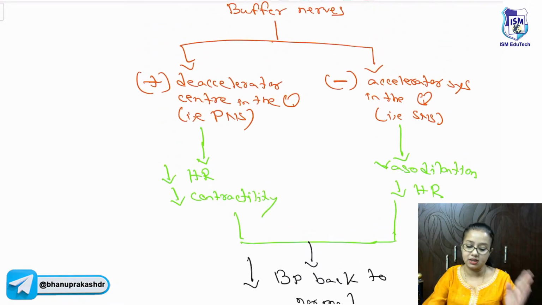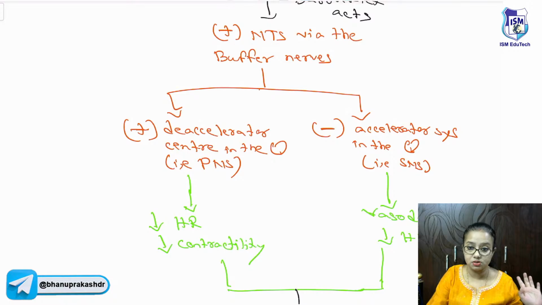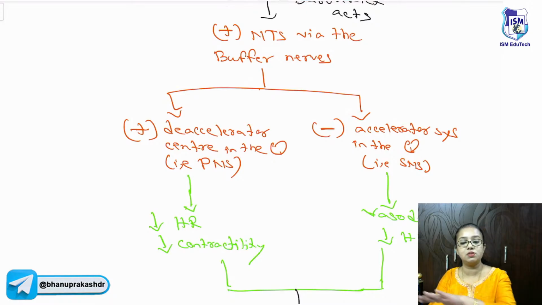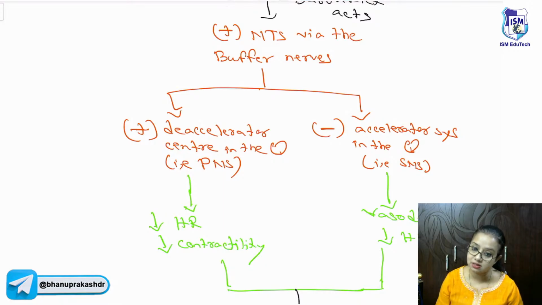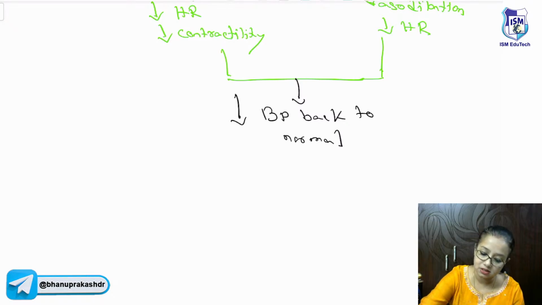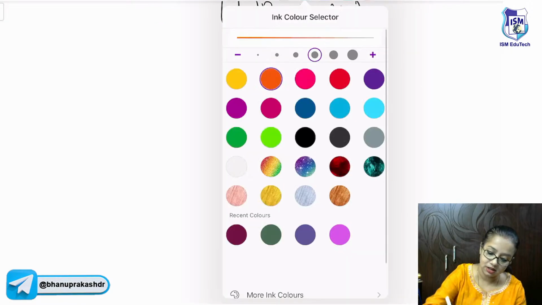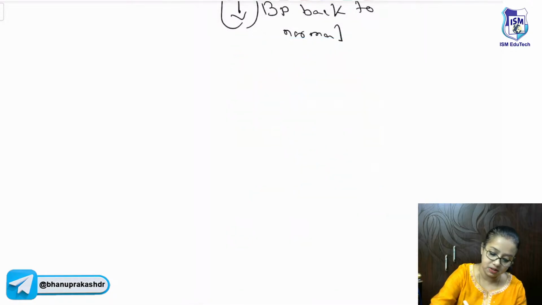So when a person was standing, when the person was erect and he lies down, venous return increases, the pressure in the vena cavas increases, the blood going to the heart increases because now he is lying down. The blood is no more pooled in the veins. So the decelerator system is stimulated and the accelerator system is inhibited, and the blood pressure is decreased back to normal.